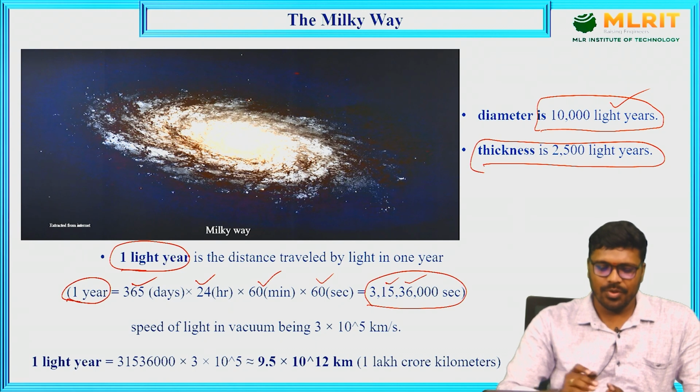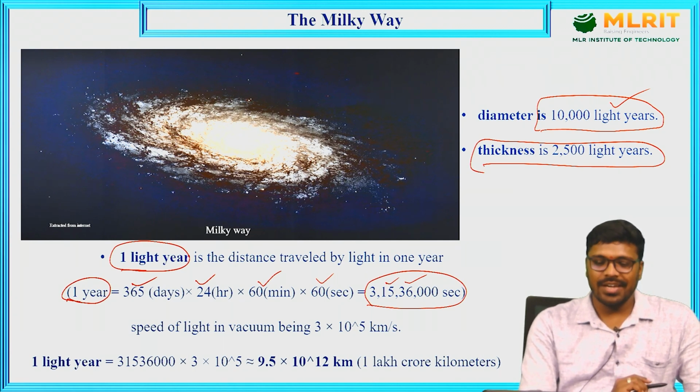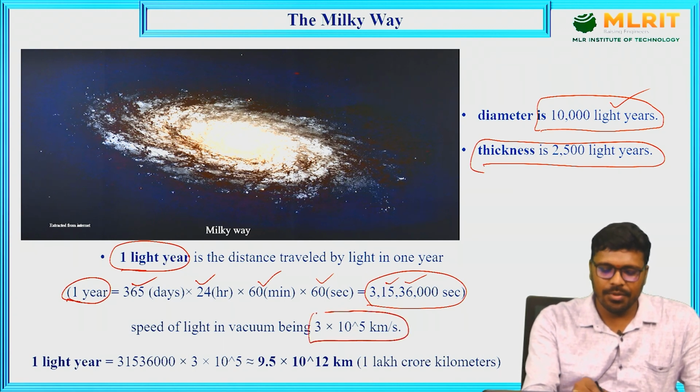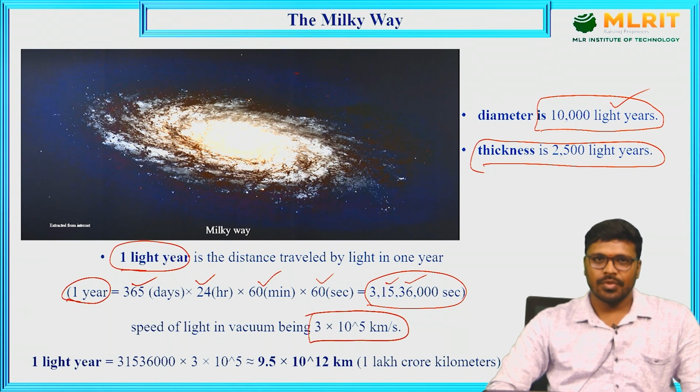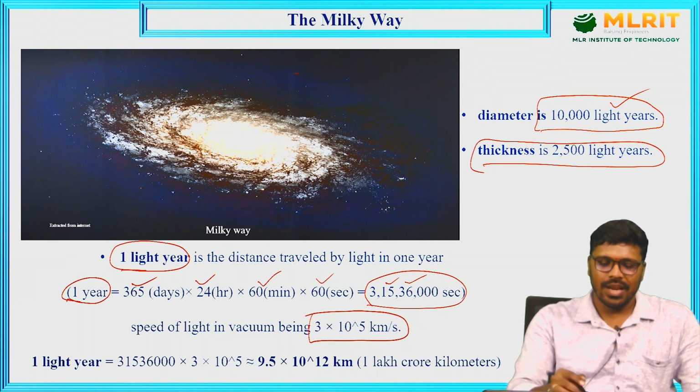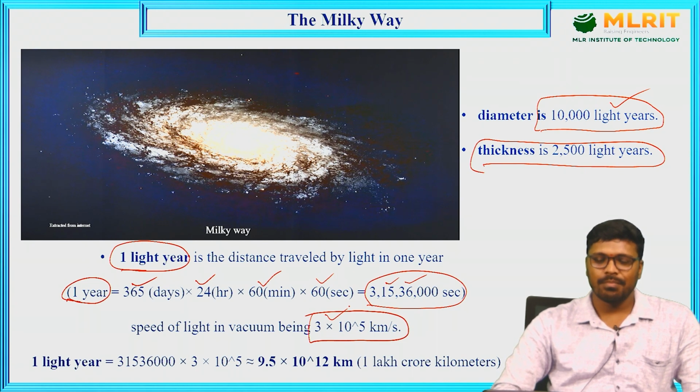The speed of light in vacuum is around 3 into 10 to the power of 5 kilometers per second. In 1 second, the light will travel a distance of 3 into 10 to the power of 5 kilometers.